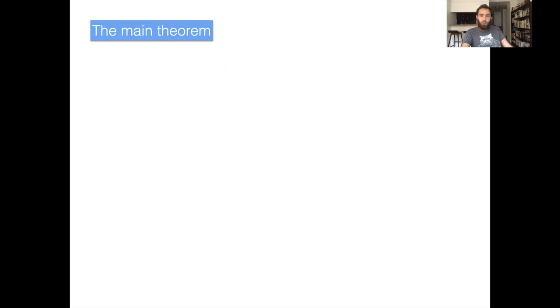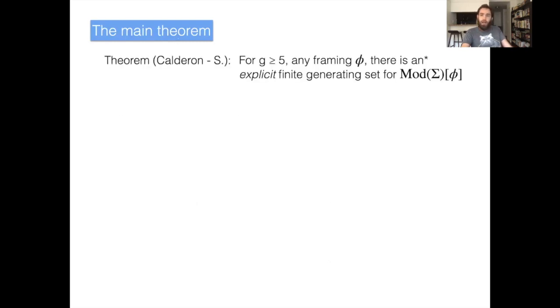So I'm going to tell you what Aaron and I have proved about framed mapping class groups. And here it is. For any surface of genus at least 5, and any framing, there is an explicit finite generating set for the framed mapping class group. And it's extremely concrete. It just consists of Dehn twists. And you're probably wondering about the asterisk I've put on this theorem statement.